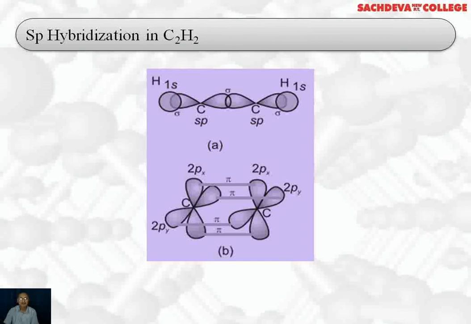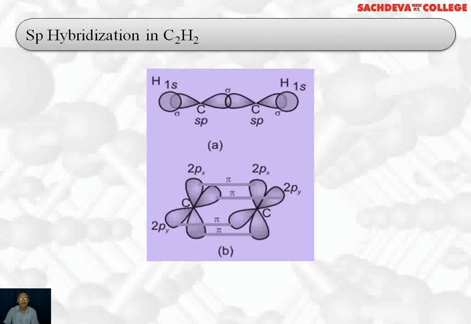So after they form sigma bonds, each carbon has 2 unpaired electrons left, which will take part in pi bond formation. These electrons in the 2px of each will form 1 pi bond. The 2py of one carbon and the 2py of the other carbon will form another pi bond.